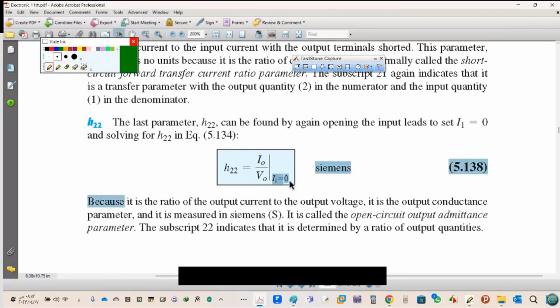If I open the input current, I can find this for the output. So how can we find these parameters? Actually, you have 2 ways. Short circuit for output, open circuit for input. Then you can find these 4 parameters.